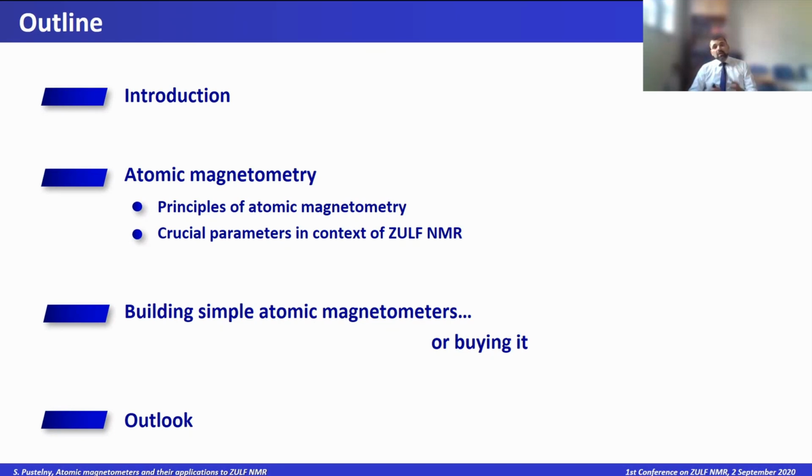I'll talk about some principles of how you can measure magnetic fields to give you some ground, and I'll talk about some crucial parameters of zero field NMR, particularly those that the magnetometers ought to have if they want to measure magnetic signals. I'll give you a particular example of how you can build such a system in your lab, or maybe even buy it if you are not willing to do so, and maybe I'll finish with some conclusions.